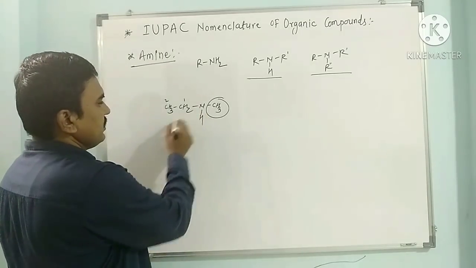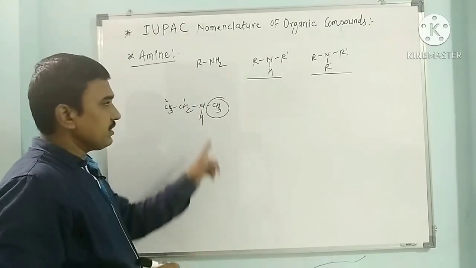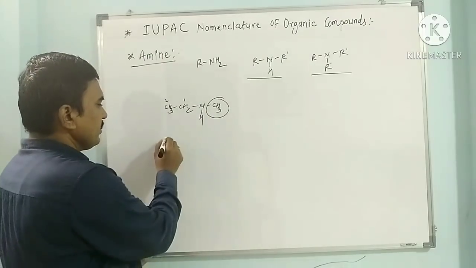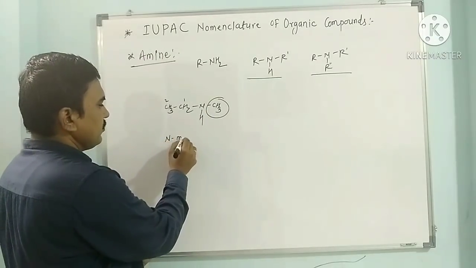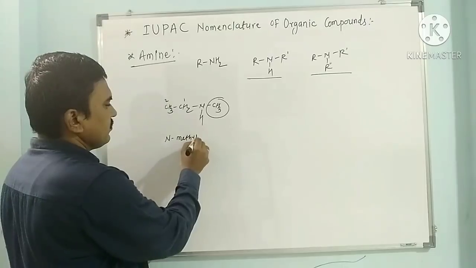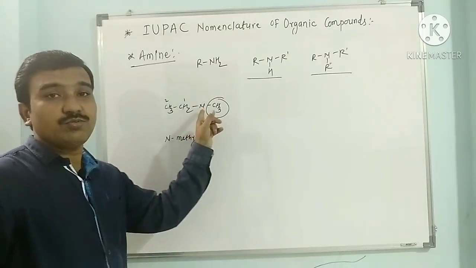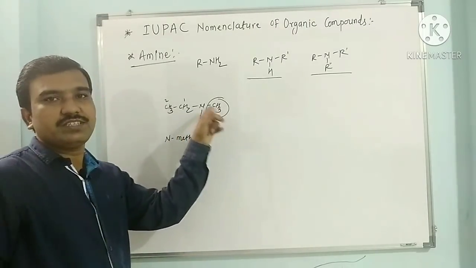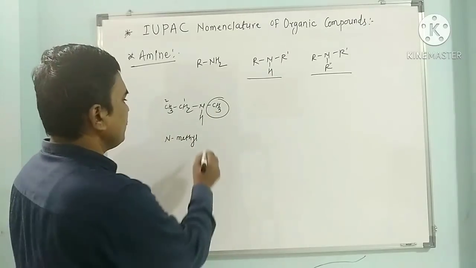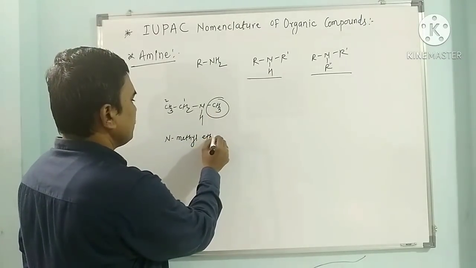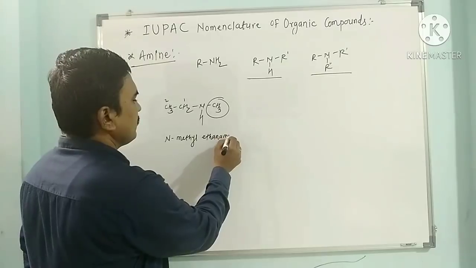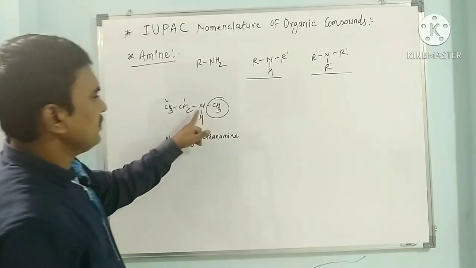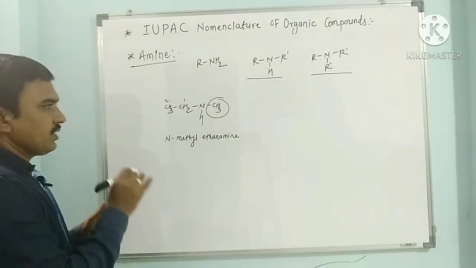So this is ethanamine, but this ethanamine has a methyl group on nitrogen. So this is N-methyl, because this methyl is attached to nitrogen. So N-methylethanamine.